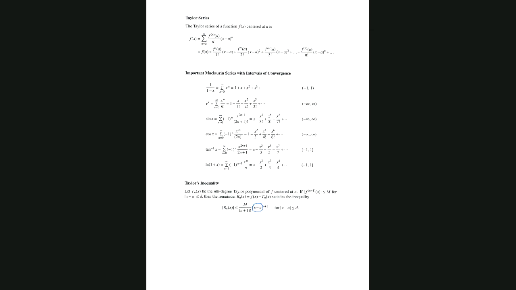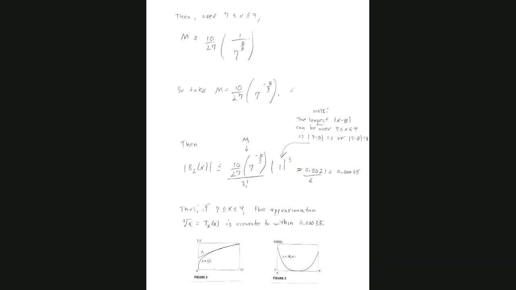We want that to be as large as possible also, because we want to maximize the bound on the error so that we're being very conservative. The absolute value of x minus 8 is your absolute value of x minus a. Since x is between 7 and 9, the largest that could ever be is 1.